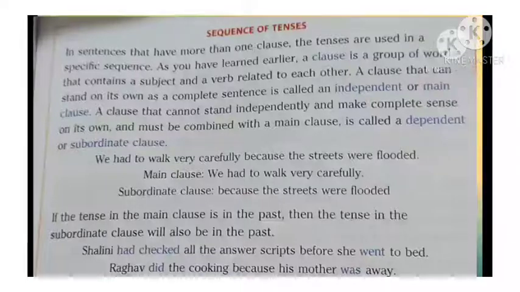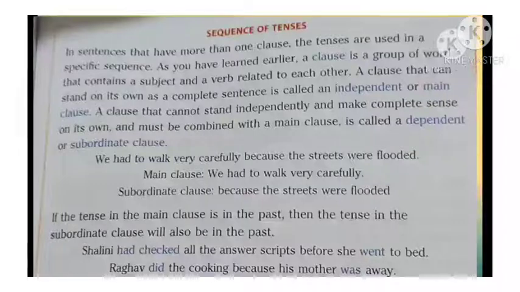Okay, let's see the next example. Raghav did the cooking because his mother was away. His mother was not at home. So, Raghav did the cooking. We can stop till that. It makes complete sense. So it becomes the main clause.